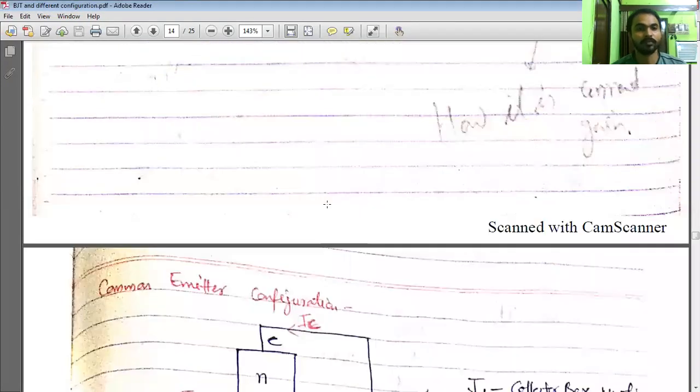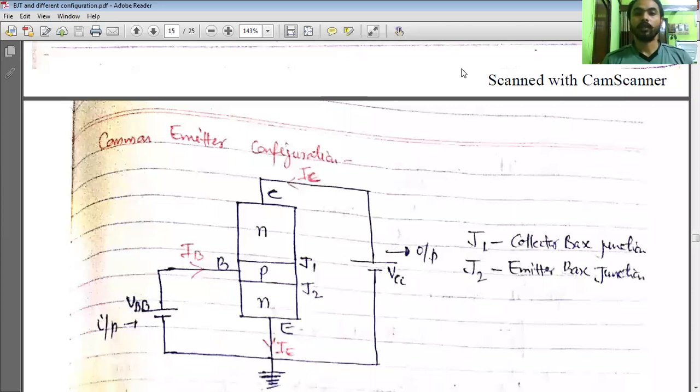Okay, so from the next class we'll study the common emitter configuration. We'll do similar things to what we have done in the common base one. I again urge you all to go through this lecture.